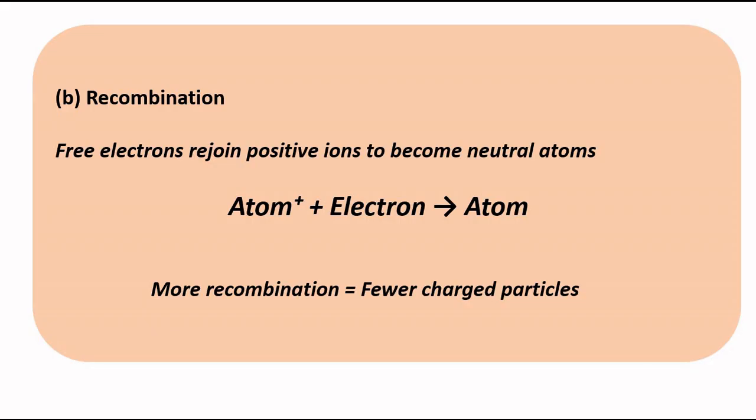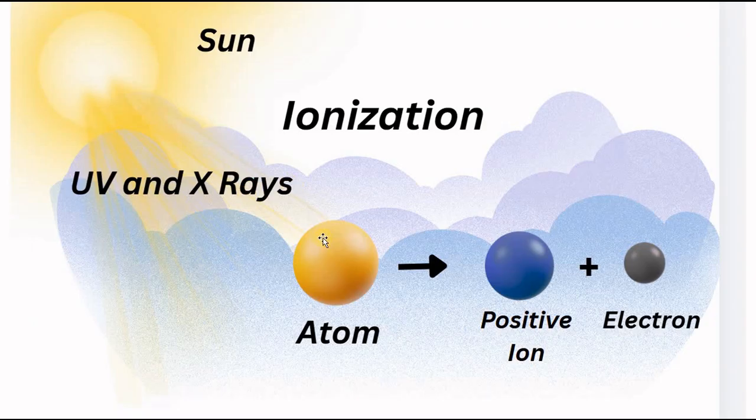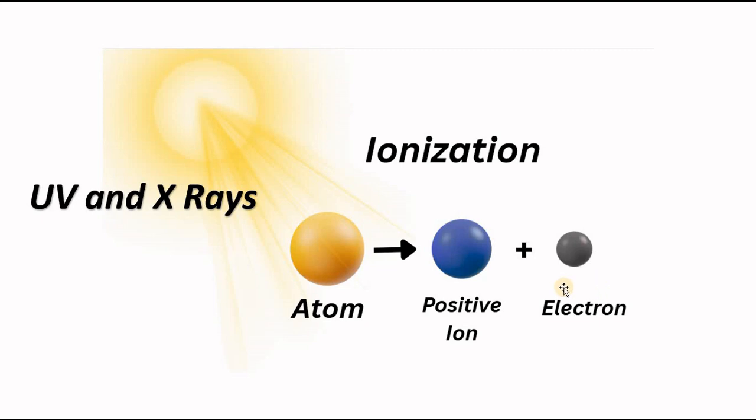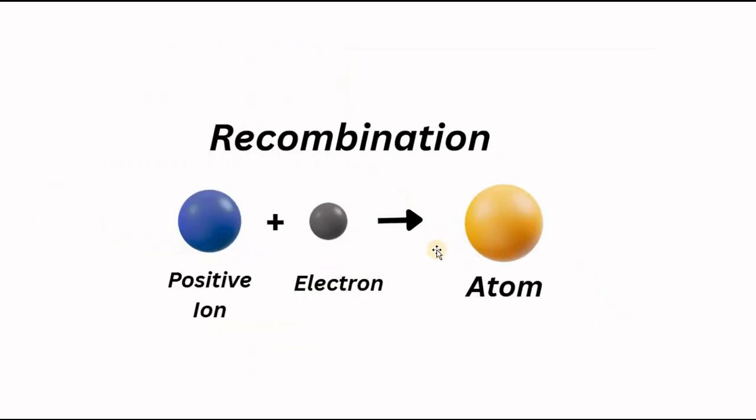So how does this whole thing start? First, the sun rays strike the gaseous atoms present in the atmosphere. They produce positive ions and free electrons. This happens for a certain period of time. Then what happens? The reverse thing. The positive ions, when they combine with the electrons, come back to their original state.